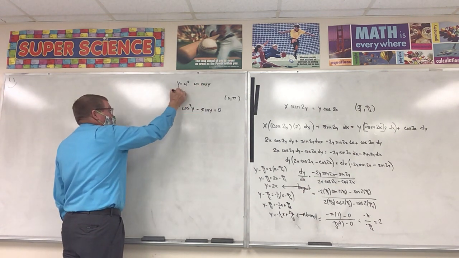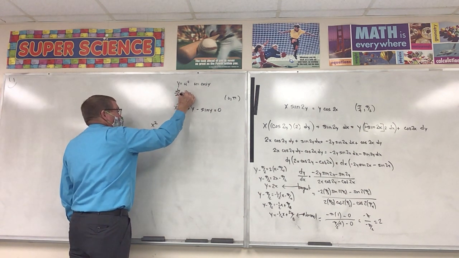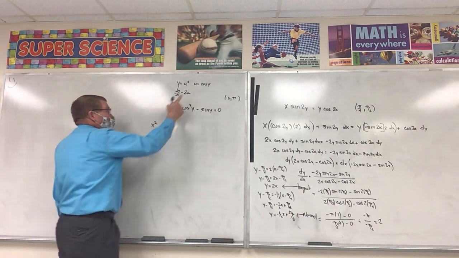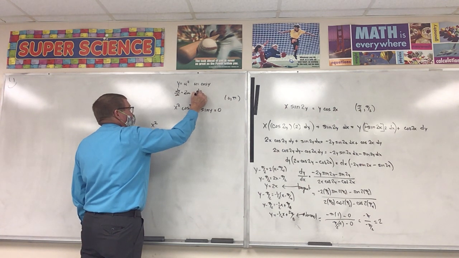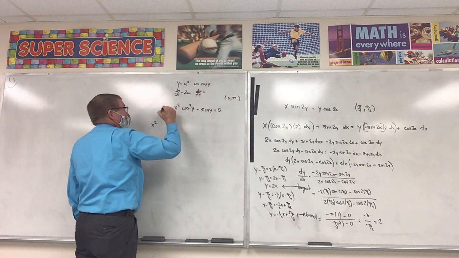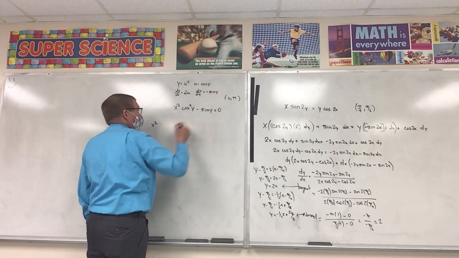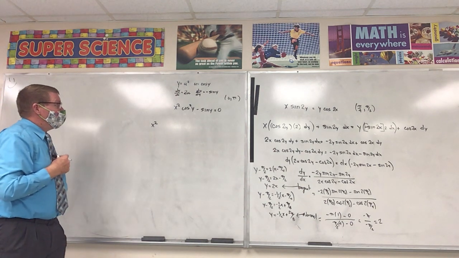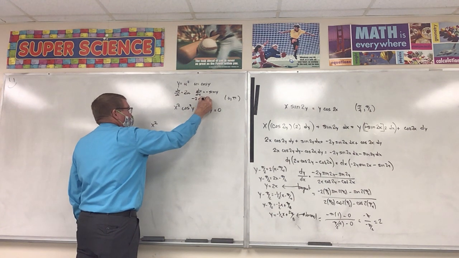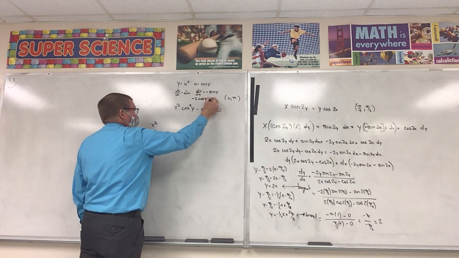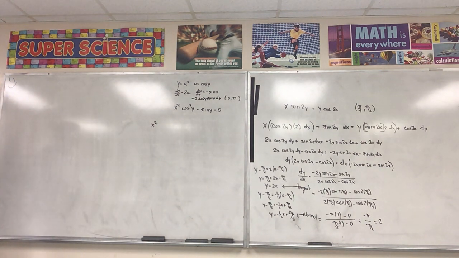So when I take the derivative of this, dy over du equals 2u, and du over dy would be negative sine y. What am I gonna do with those? Multiply them, so it's negative 2 cosine y sine y dy. Would everybody agree?